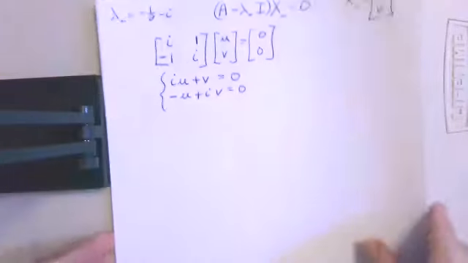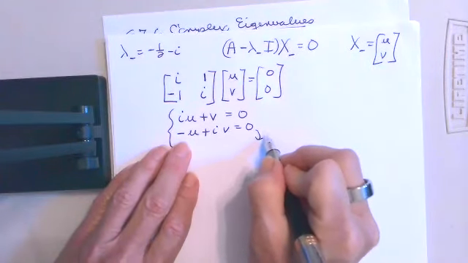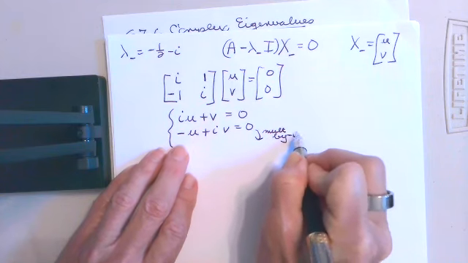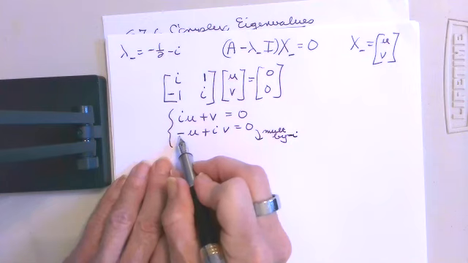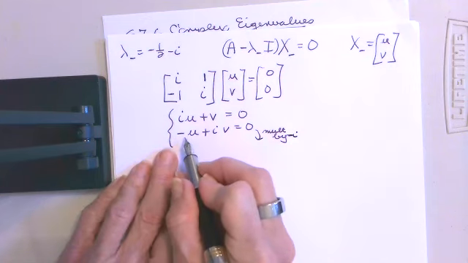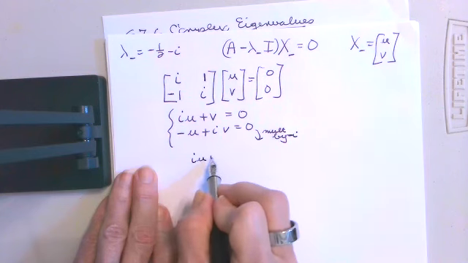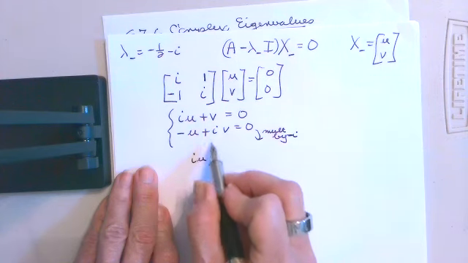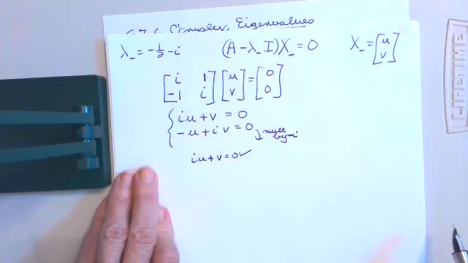So let's see. If I multiply this equation by minus I, then I'll get minus I times minus u, which gives me I u. And then here I'll get a minus I times an I, that'll give me a minus I squared, so that will give me a plus v equals 0. And that's the same equation as this one.